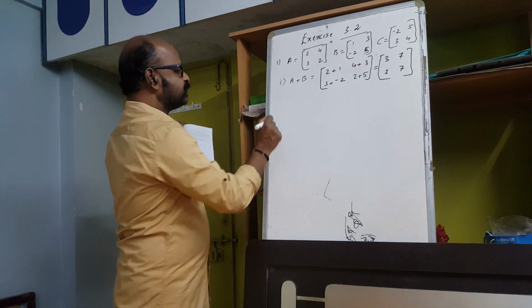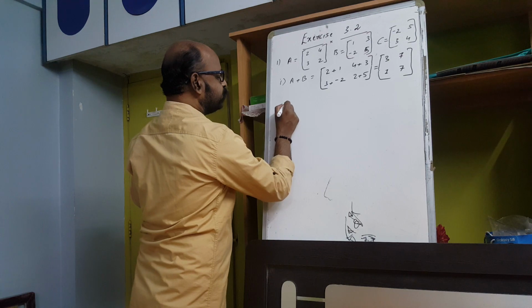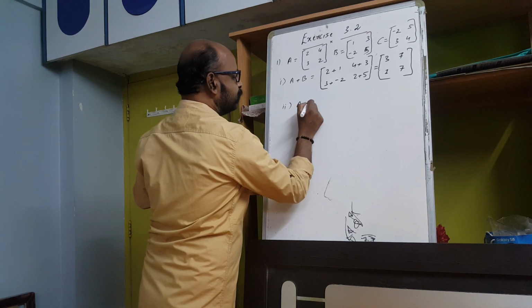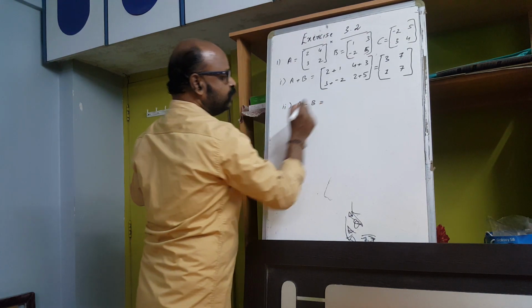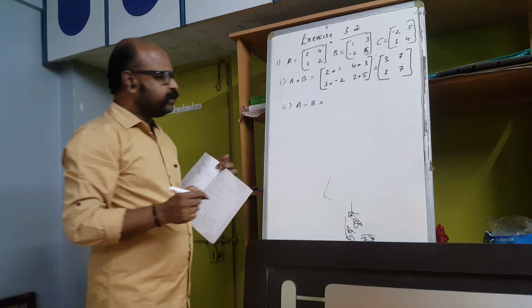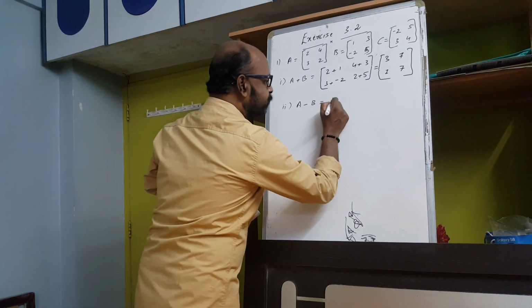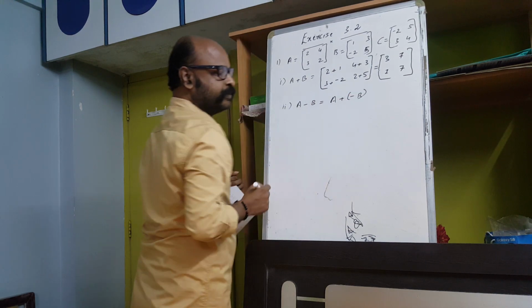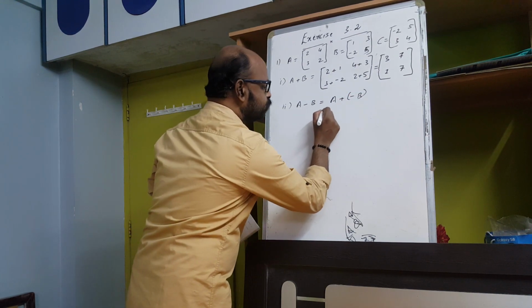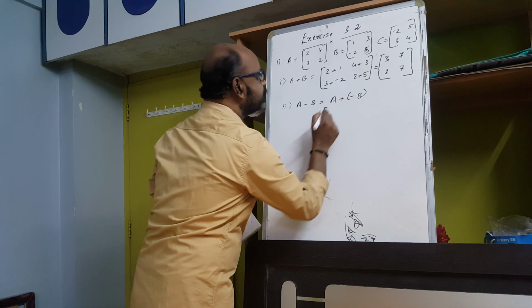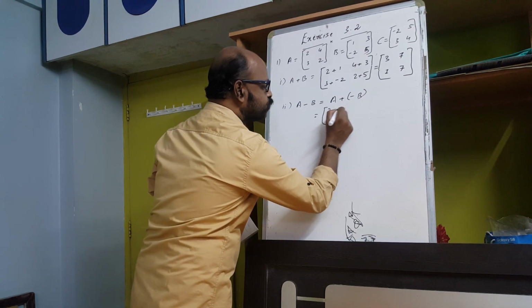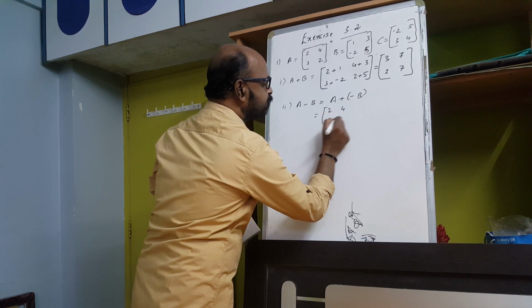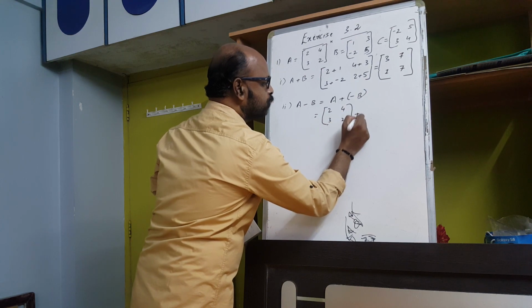Then in the second part, we have to obtain A minus B. According to the definition, A minus B is A plus minus B. This is equal to A, that is matrix 2, 4, 3, 2.